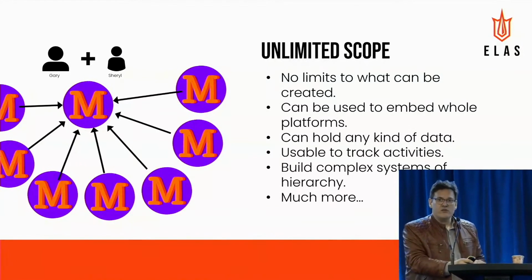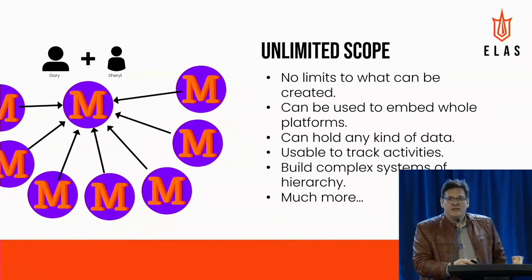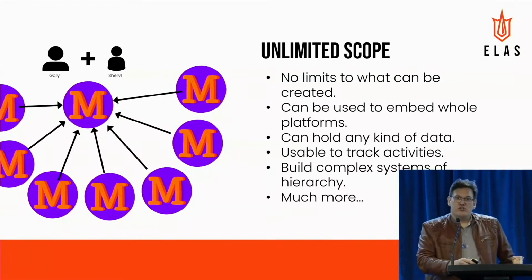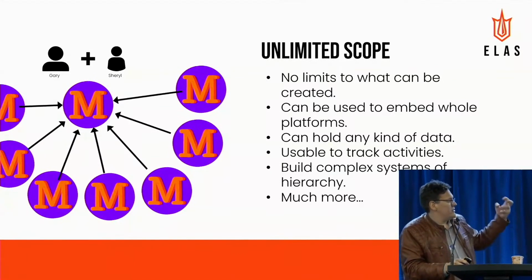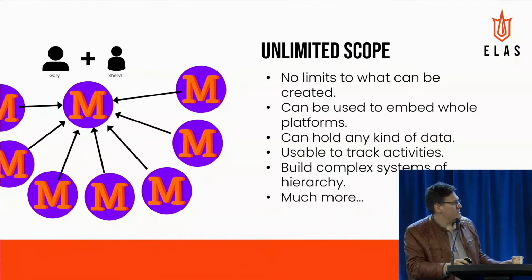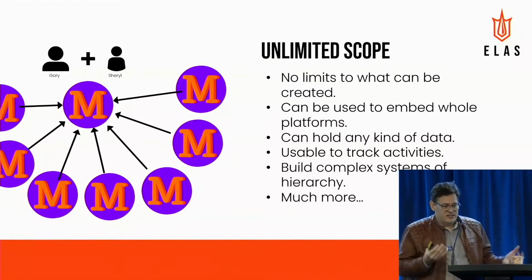So it's a very useful way of creating this type of structured application. You can use this to track access, activities, logging, events, all of that sort of thing. But you can use it to build very complex systems of hierarchy.